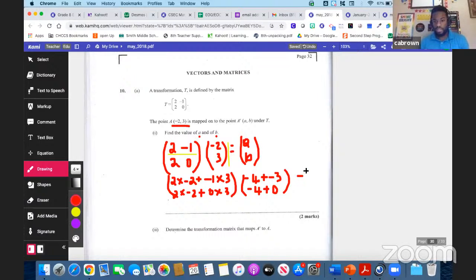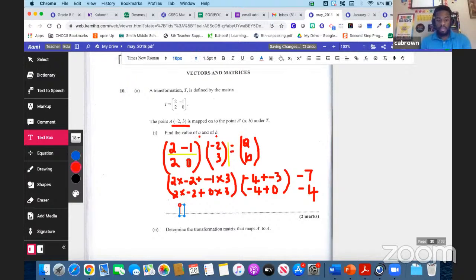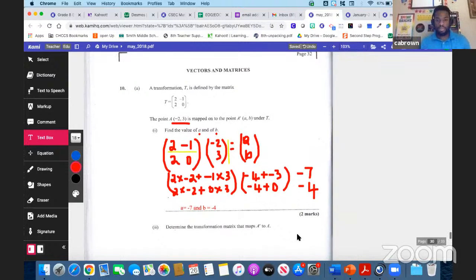Right away we see that's -7, and -4 plus 0 is -4. So it therefore means that a is equal to -7 and b is equal to -4. That's 2 marks.